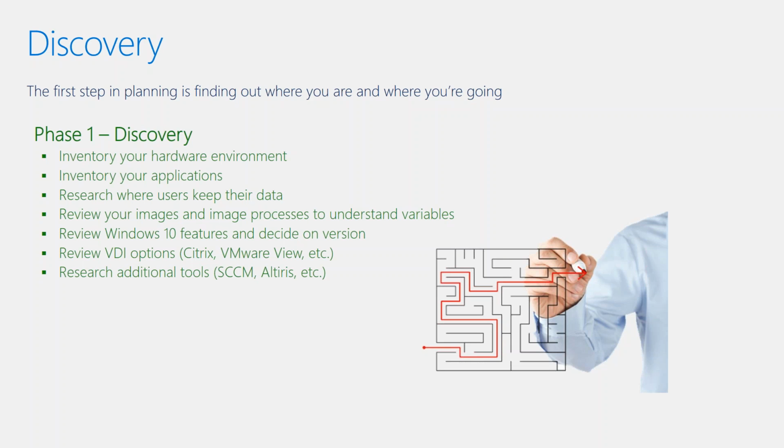VDI options, right? Are you rolling out VDI as part of this? Is it a separate scope altogether, or are you combining them? And then additional tools such as SCCM, Altiris, or other tools that you may need to upgrade, because certain versions of SCCM are not capable of managing Windows 10 devices, or at least in a full feature set perspective.